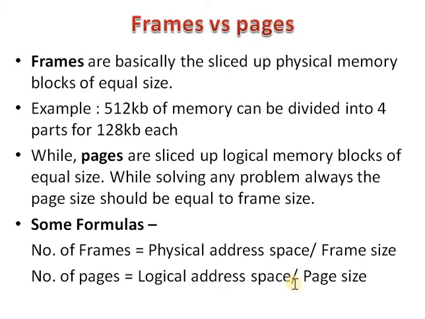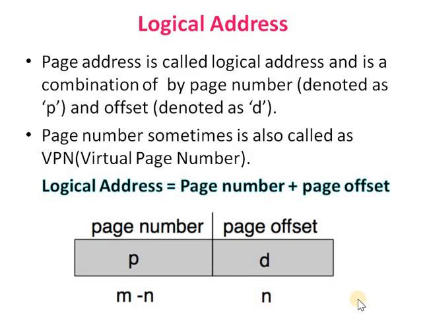Then 4 frames are created, while pages are sliced up logical memory blocks of equal size. In frames we divide the physical memory into blocks, but in pages we divide the logical memory into blocks of equal size.